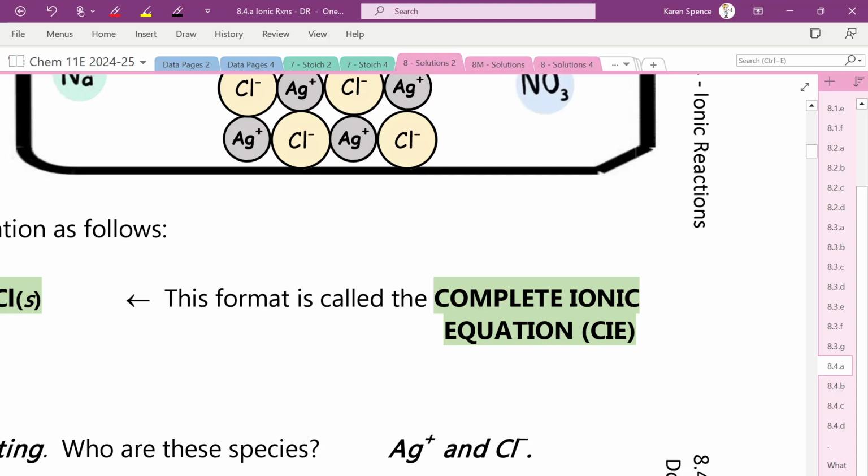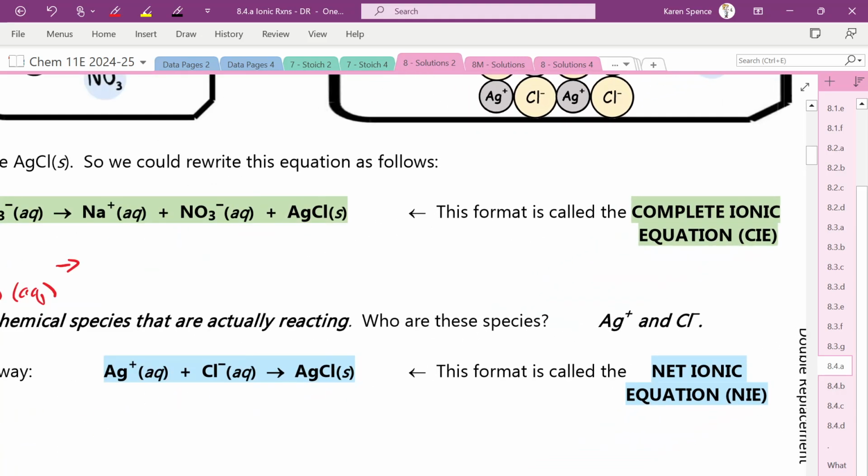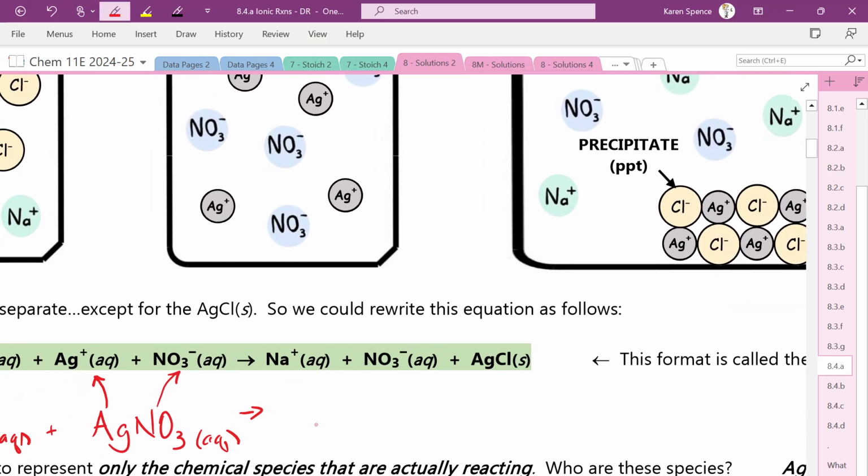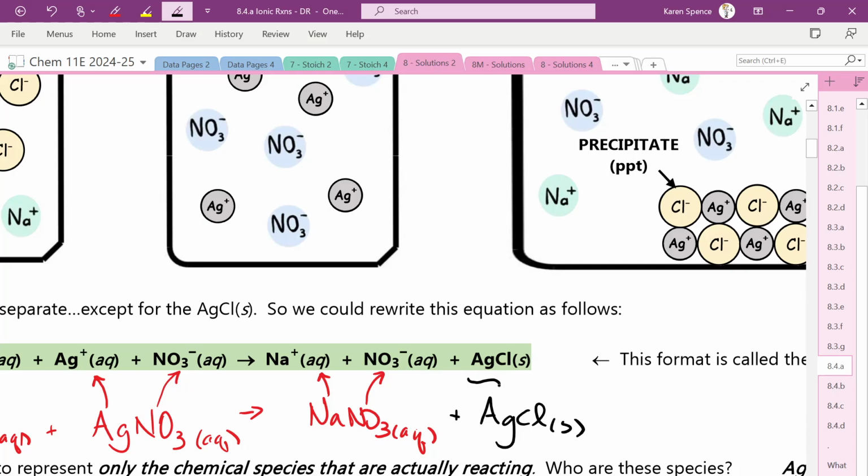So we're going to reflect that in our equation here. We're going to separate the NaNO3 aqueous, but we are going to keep the AgCl together because it is not separate.